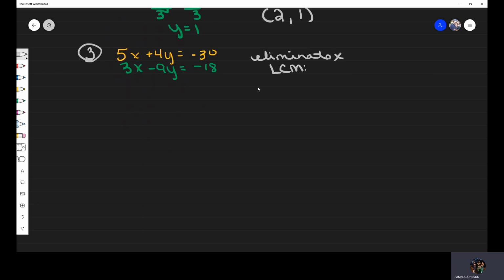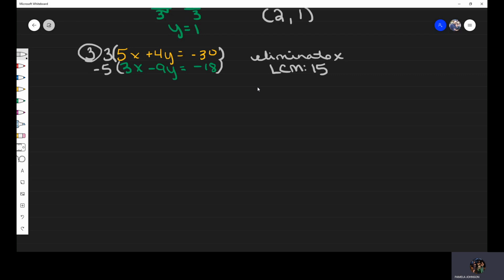What number do they both multiply into easily, or the smallest number do they both multiply into? And in this case, it is 15. So I'm going to multiply the 5 by 3 to get 15. I'll multiply the 3 by 5 to get 15. And I'm going to make this a -5 because both 5 and 3 are positives. I need one of them to be a negative.